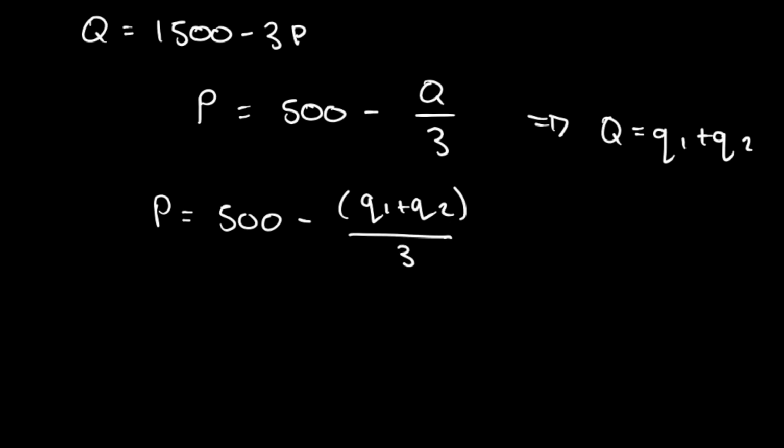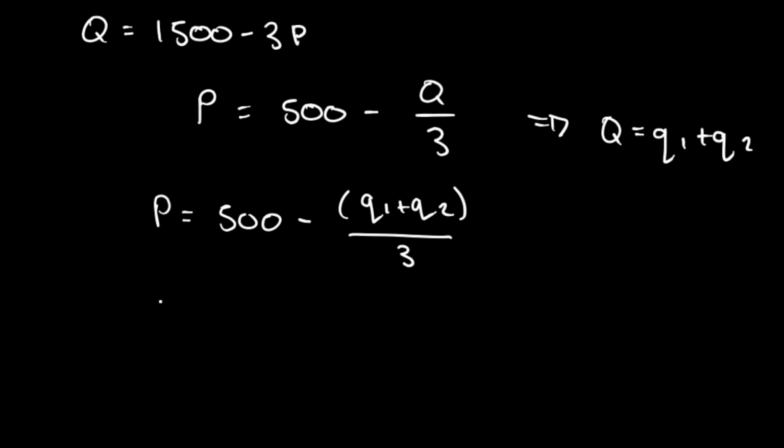All divided by 3. Now, with this market demand function that we've solved for price, we're going to go on to the profit function that each individual firm is faced with, because each firm chooses quantity simultaneously.